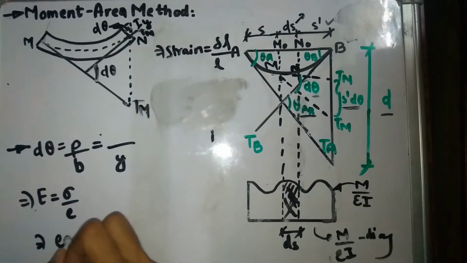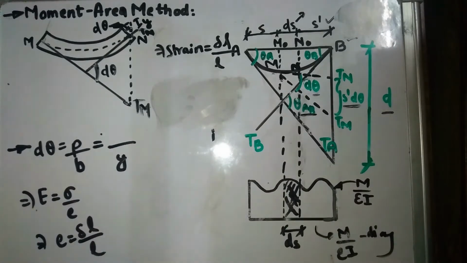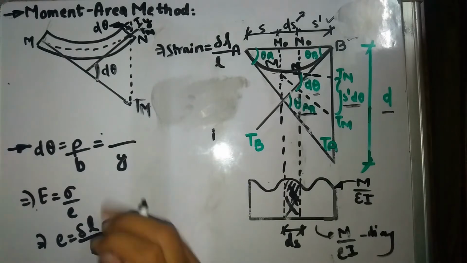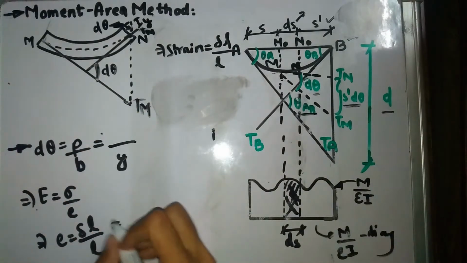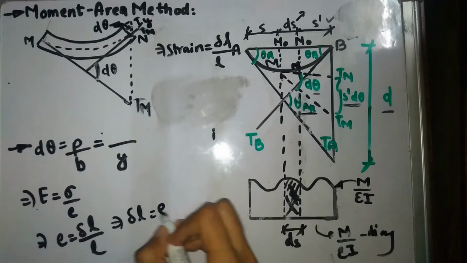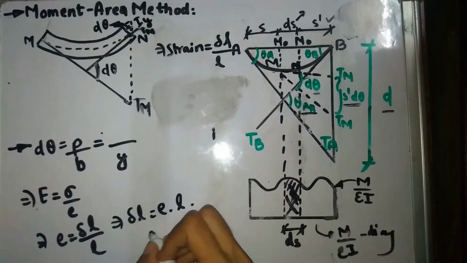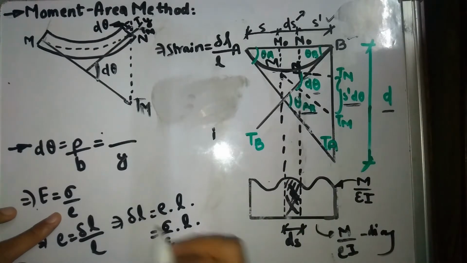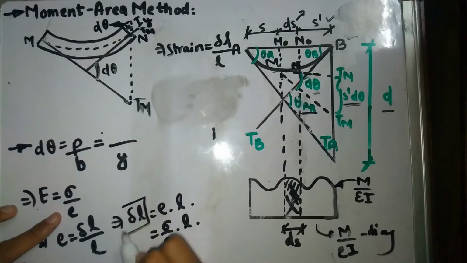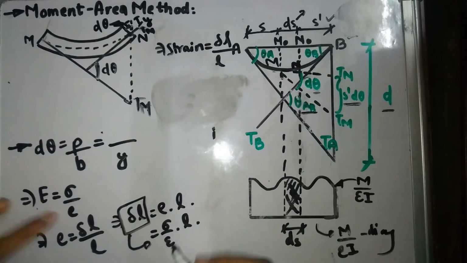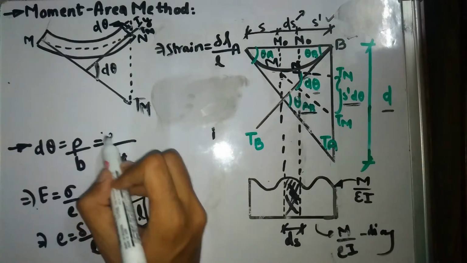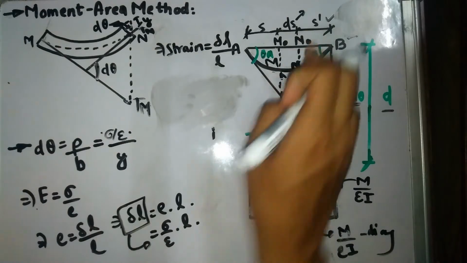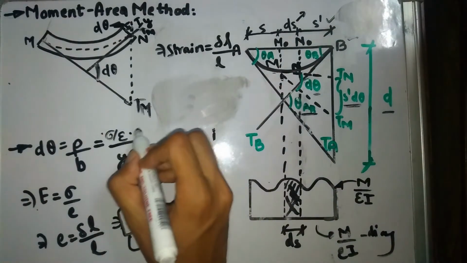So we have our strain e equals to del L by L. Our perpendicular is our del L, which is also the increase in length, del L equals e dot L, and our e, from this formula, is going to be sigma by E into L. So simply our perpendicular, which is our change in length del L, we write as sigma by E dot L. Right now for our section MN, our length is ds, so instead of L, we're going to write ds.